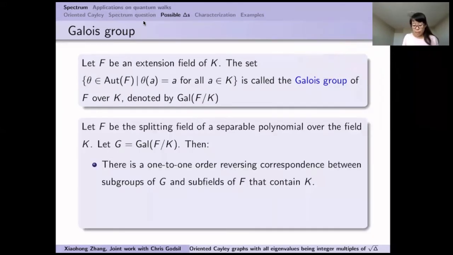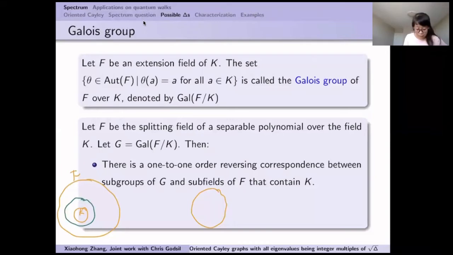Turns out there is a nice relation between the field side and the group side. So draw it again. Base field K, large field F, there is a corresponding Galois group. If we assume we have a subfield E1 of F that contains K, we will have a subgroup here.